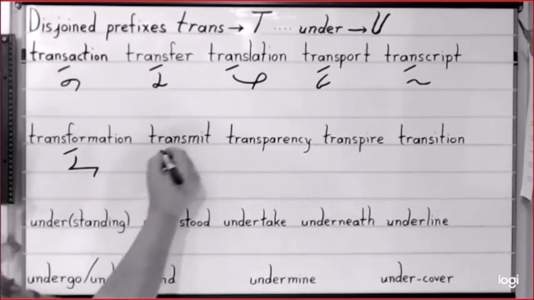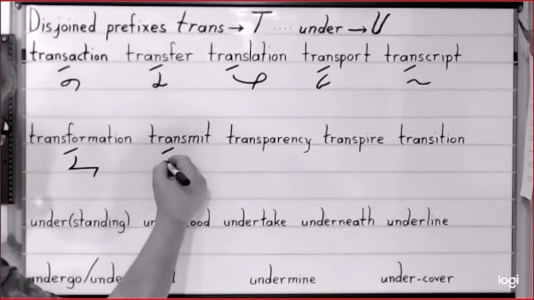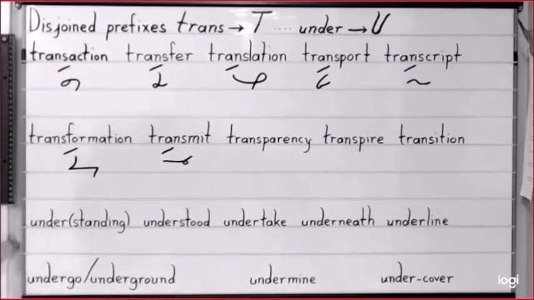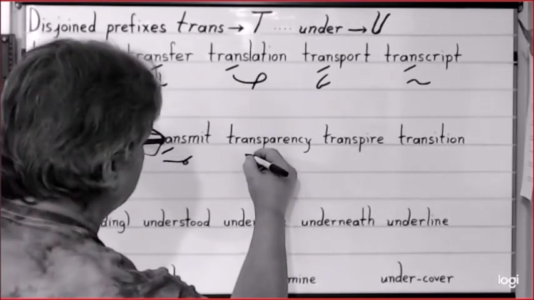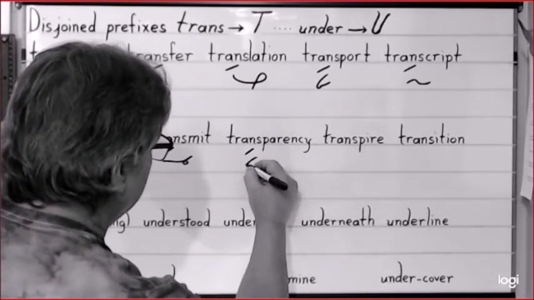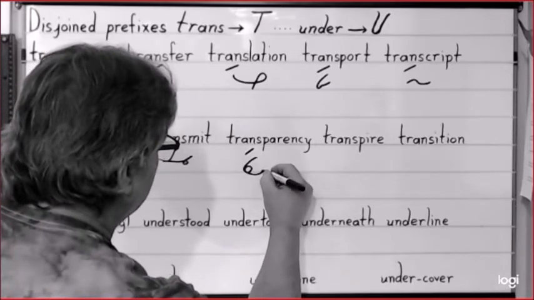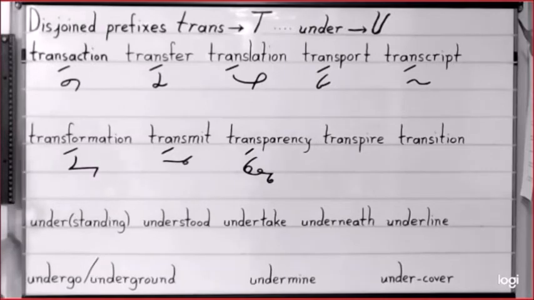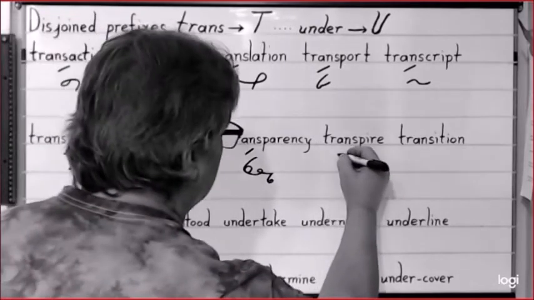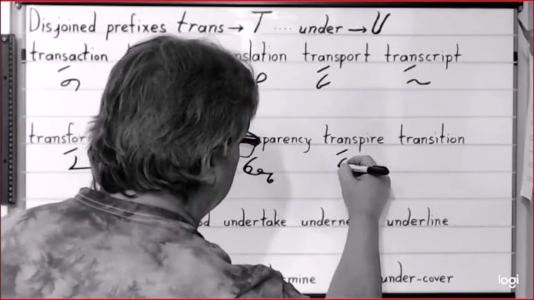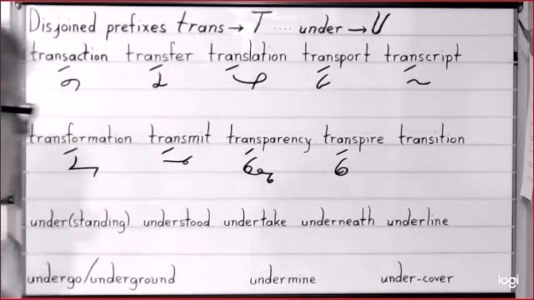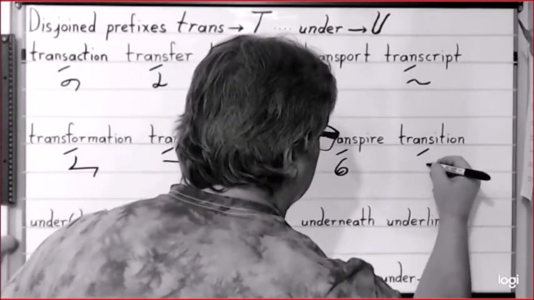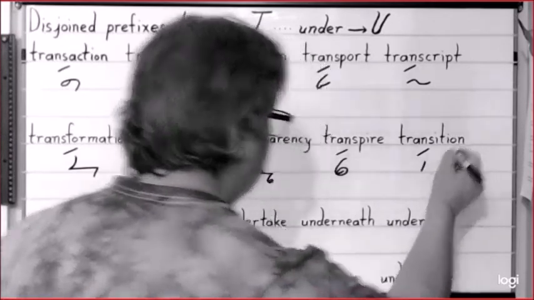For transmit, it is a T, M, I, T. For transparency, it is a T, a P, A, R, S-E-N-S-E. For transpire is a T and a P, a long I. For transition is a T and then an SH below that.